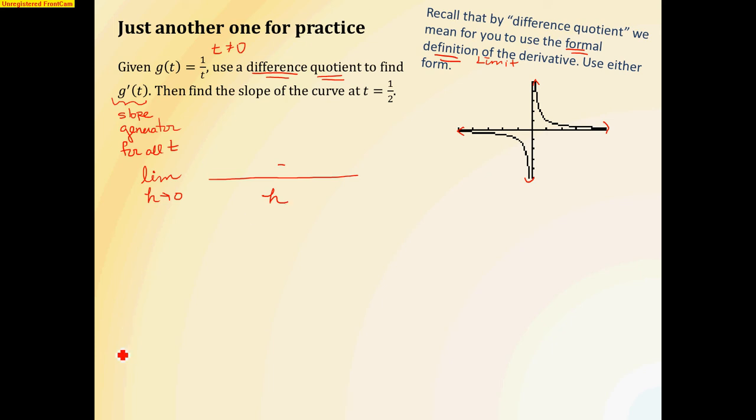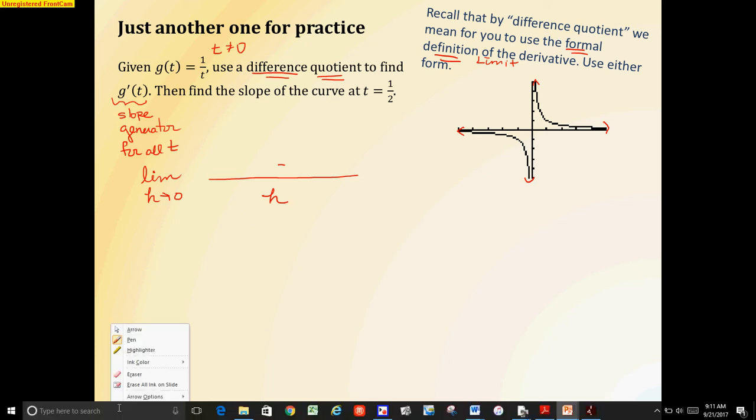Okay, I'm going to do my work. So 1 over x plus h, or t plus h, minus 1 over x, in this case t, all divided by h. So again, I have to get a common denominator.